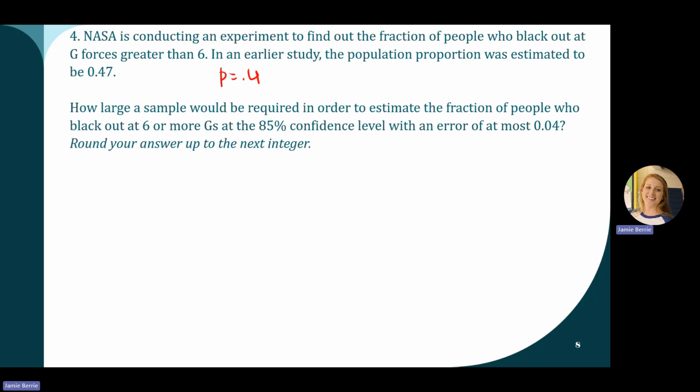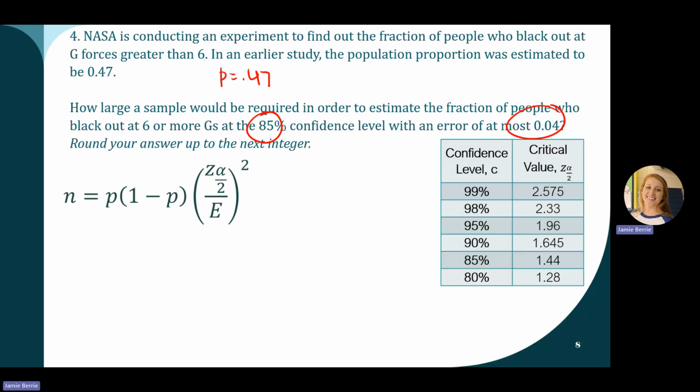So that's our estimate for P. How large of a sample would be required in order to estimate the fraction of people who black out at 6 or more G's at the 85% confidence level with an error of at most 0.04? So the confidence level is 85%. There's our critical value. Our critical value is 1.44, and then our error is 0.04.